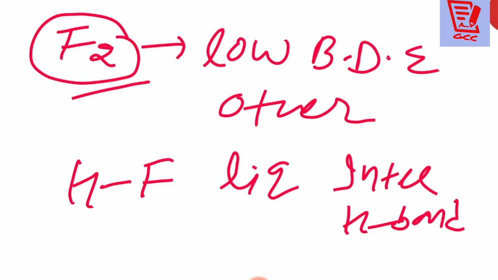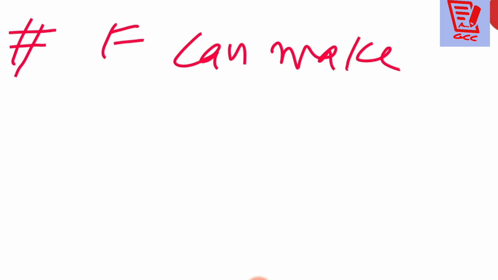That is why the others are gases. Same way one more point we have done, that only fluorine can make ionic fluorides. That is why I told you in the properties that ionic character from HF to HI usually decreases.